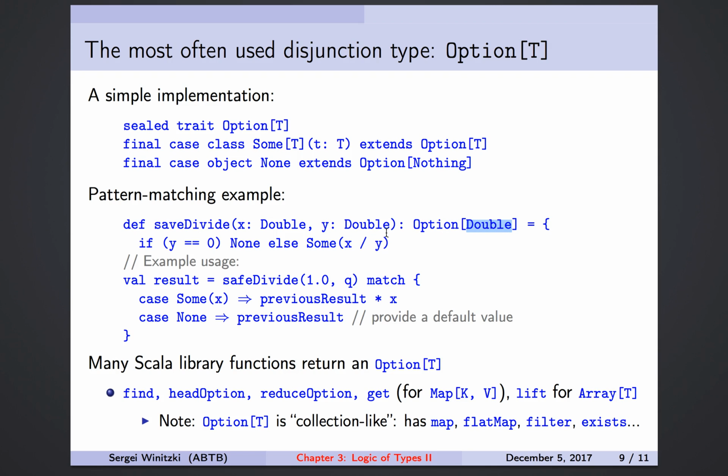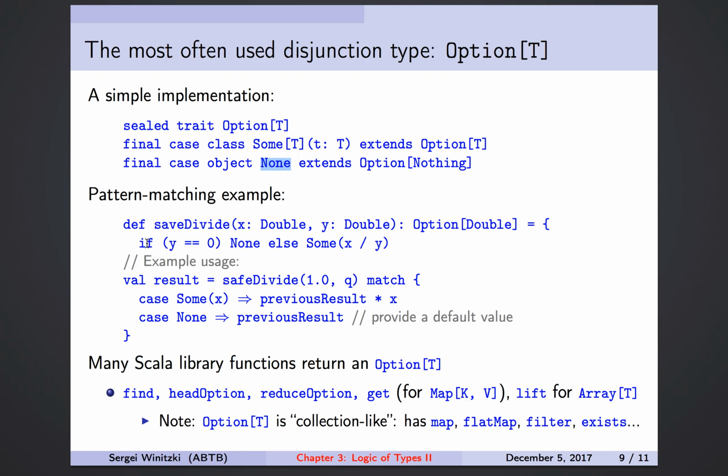So no value, or rather Unit is a type, or empty tuple, if you prefer, is a type that does not carry any value of type Double in it.